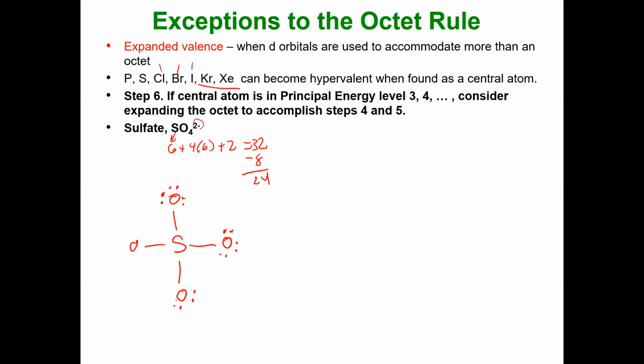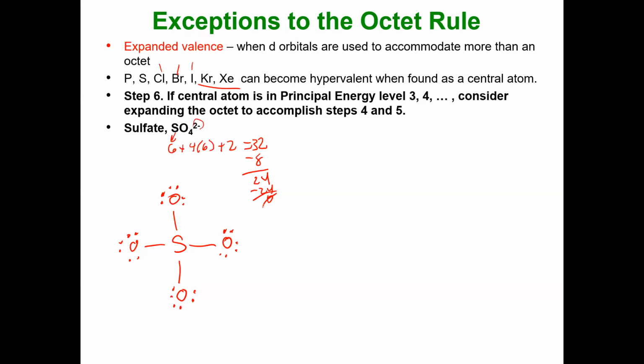Now I'm using up my 24 electrons. There's no more electrons. If there were more, we would attach them to the central atom sulfur, and sulfur could accommodate more than an octet because it's in the third principal energy level. But we don't have the problem of needing to attach more to the central atom. But we do still have a problem.